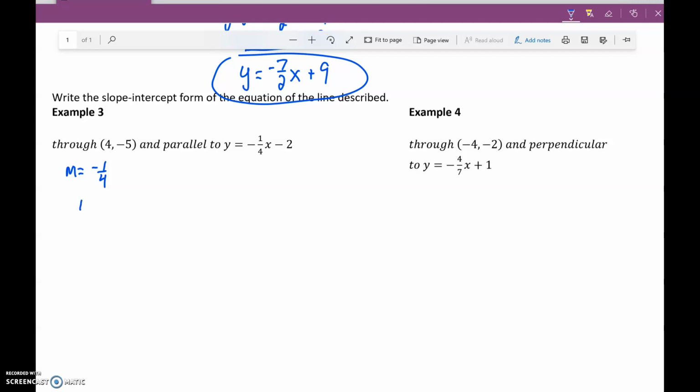So again, start with point slope. Y minus negative 5 is going to turn into plus 5 there, equals slope times x minus the x coordinate, which is 4. Again, we want our slope intercept, so now we're going to distribute.